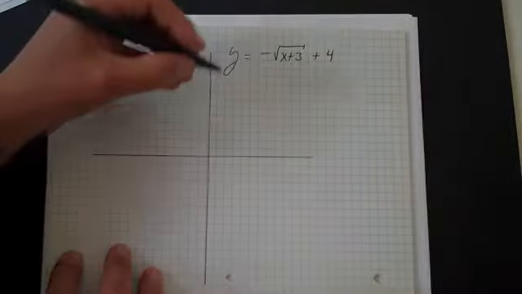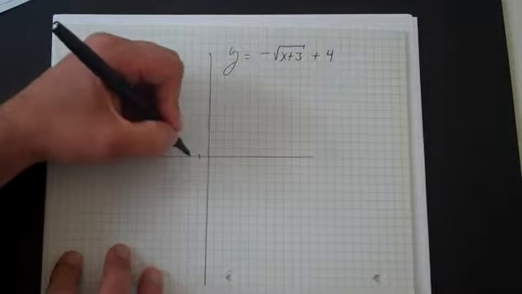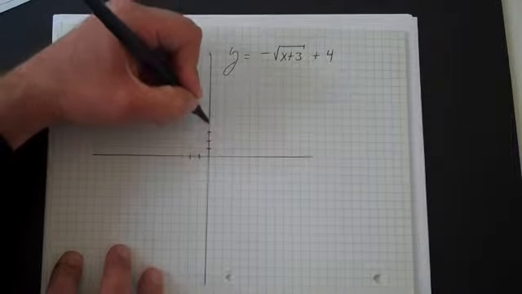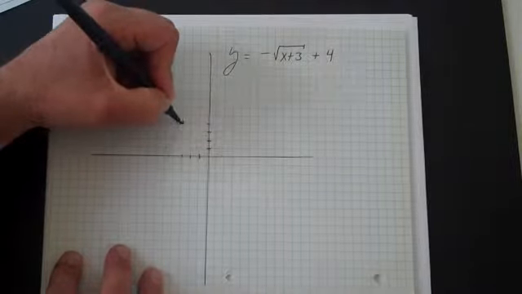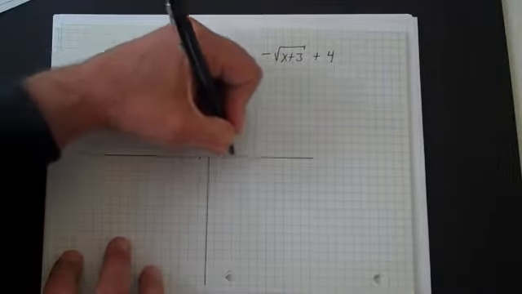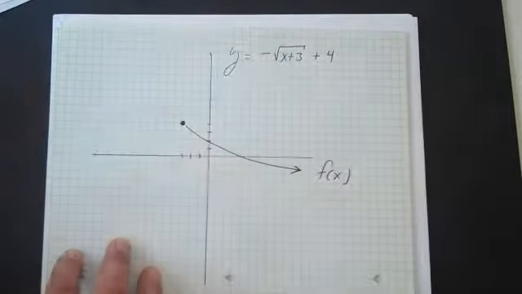If you know how to graph that, you'll notice the graph looks like this. The first point will be minus 3, 4, and then it'll go downwards and look something like this. Let's call that f of x.